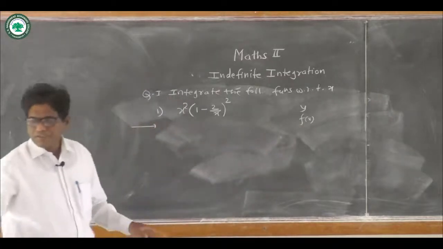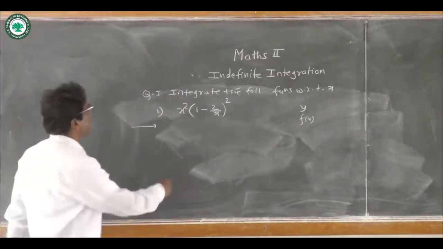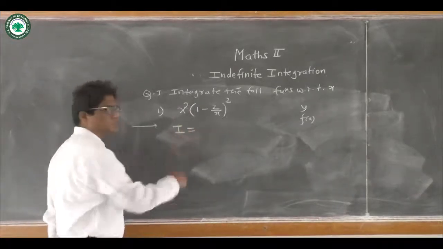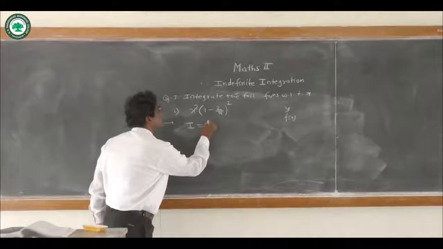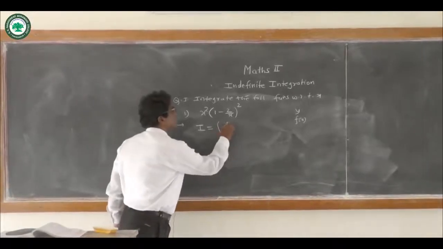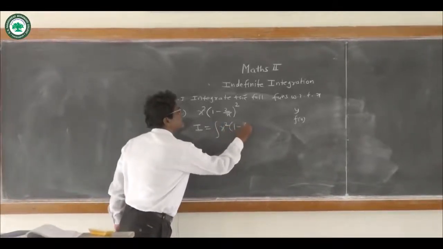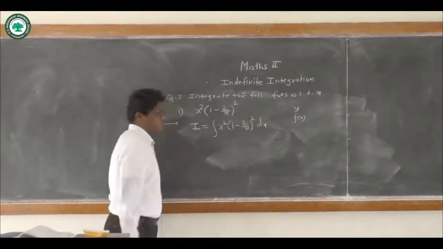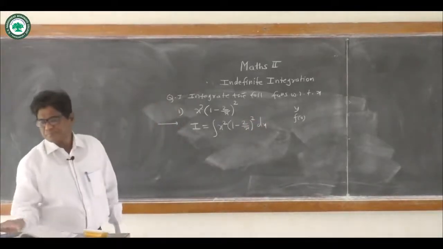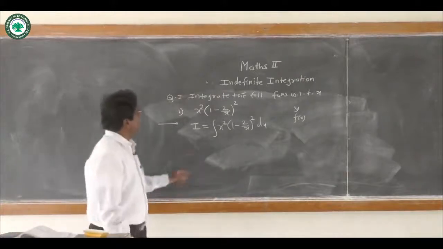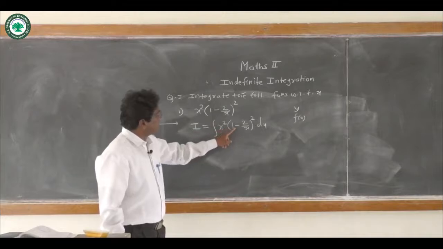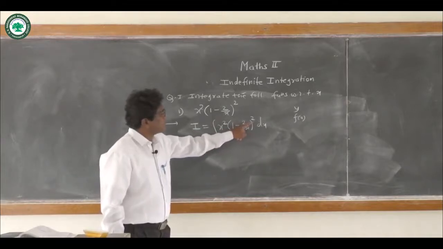But in integration, we denote it as I. I is equal to integration of x square into bracket 1 minus 2 upon x, bracket square dx.